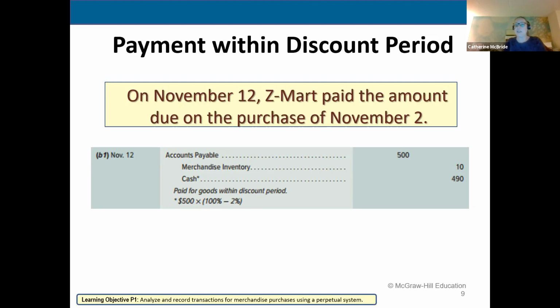We can't leave anything in there because we don't owe them anything more. You're going to credit cash for the $490, which is what we're writing the check for. And the $10 gets deducted from merchandise inventory, because it's kind of like, well, we didn't really pay $500 for the inventory, we really paid $490. So you're going to take the difference, the discount, out of merchandise inventory.